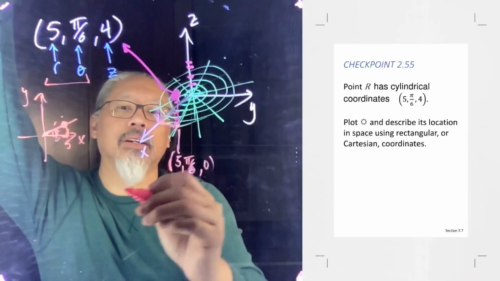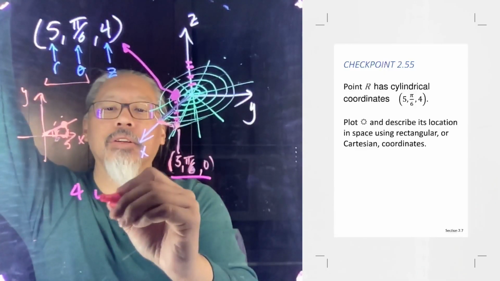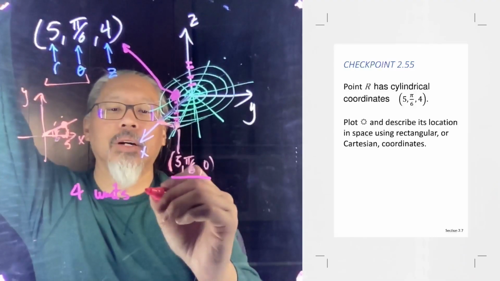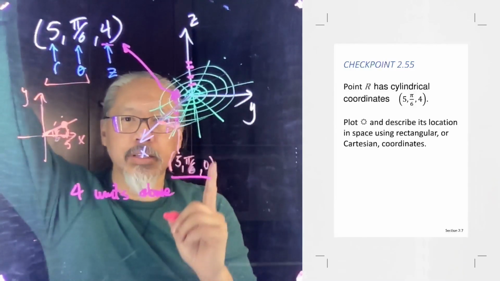So if we want to say it in words, it's going to be 4 units above, because it went up 4 units in the z-axis.